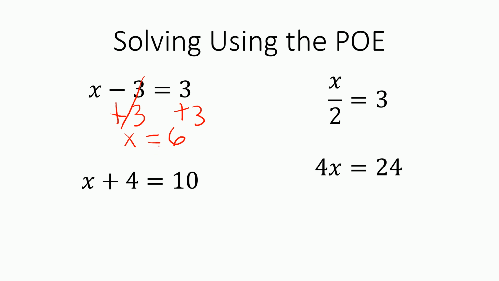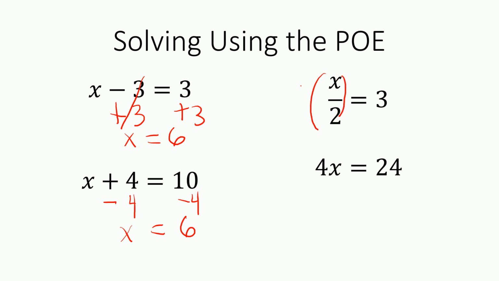So we use the properties of equality to solve equations. So if it's x plus 4, we're going to subtract 4 from both sides again. And that leaves x equals 6 one more time. Kind of guess where this is going.